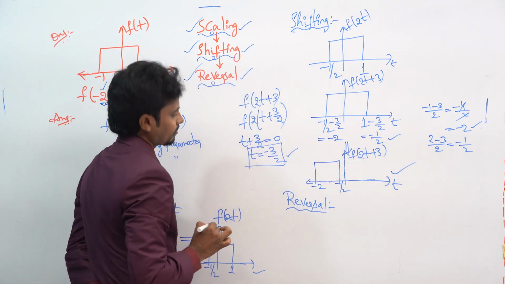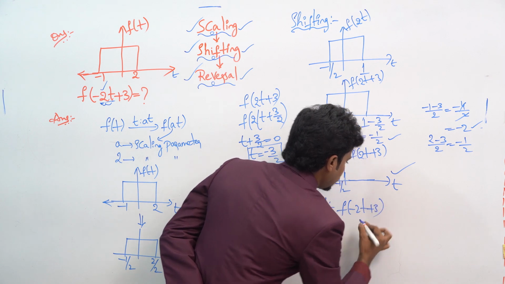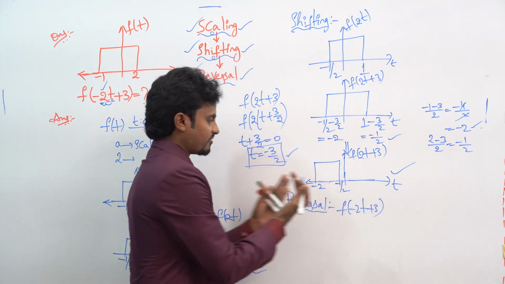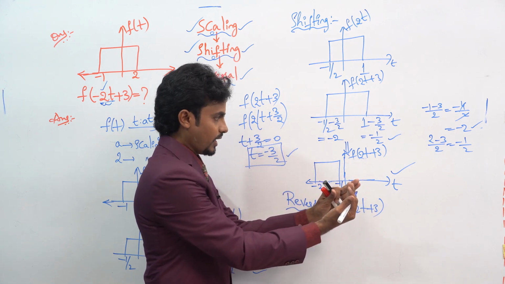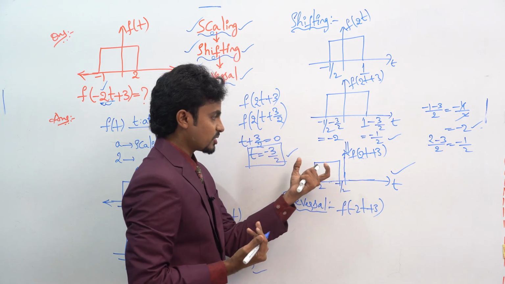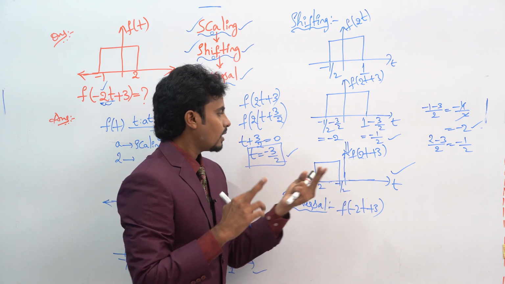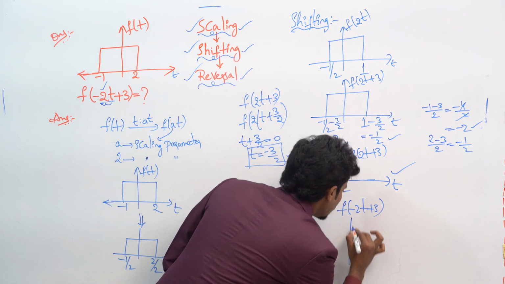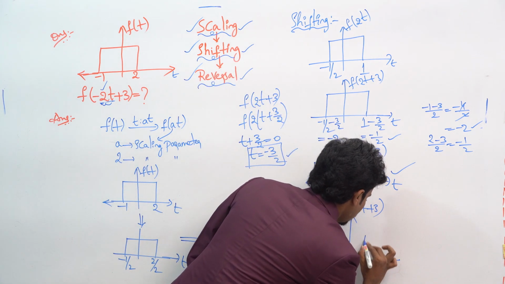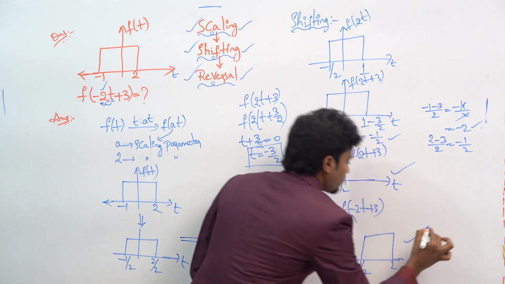Here this will be f of minus 2t plus 3. So the left side value, take it to the right hand side. If you see this plot is on the right hand side, you just have to flip the plot. Here this will become plus 1 by 2, and here 2.